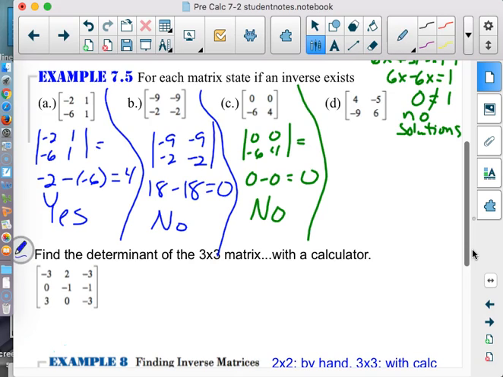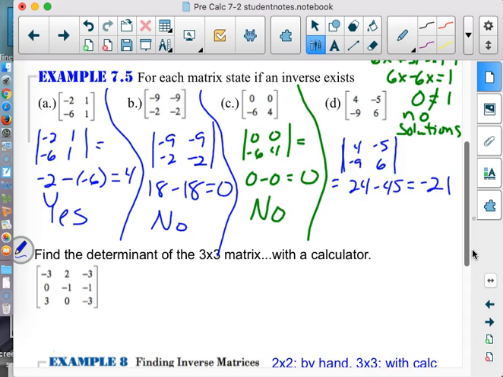Go ahead and find the determinant for D and tell me whether or not it has an inverse or not. What'd you get for the determinant? -21.